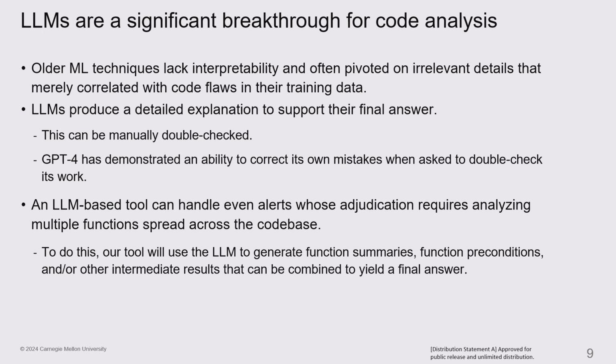An LLM-based tool can handle even alerts whose adjudication requires analyzing multiple functions spread across the code base. To do this, our tool will use the LLM itself to generate function summaries, function preconditions, and other intermediate results that can be combined for a final answer.